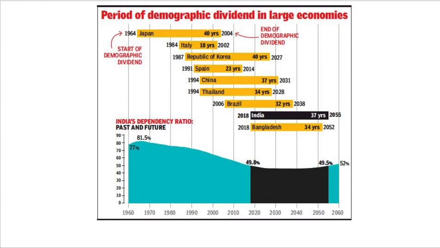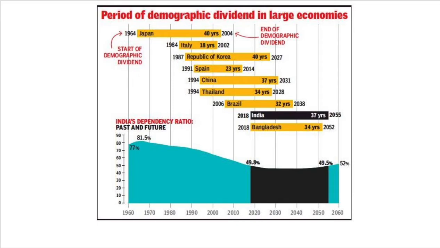With that period of demographic dividend, there is potentially a period of fast economic growth. Here you can see Japan from 1964 through to 2004 had 40 years of demographic dividend, that fast economic growth.